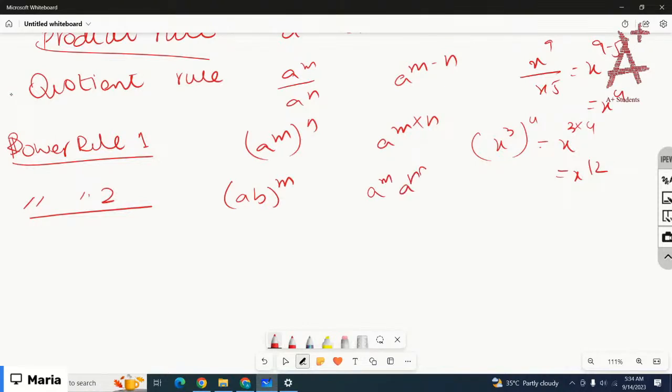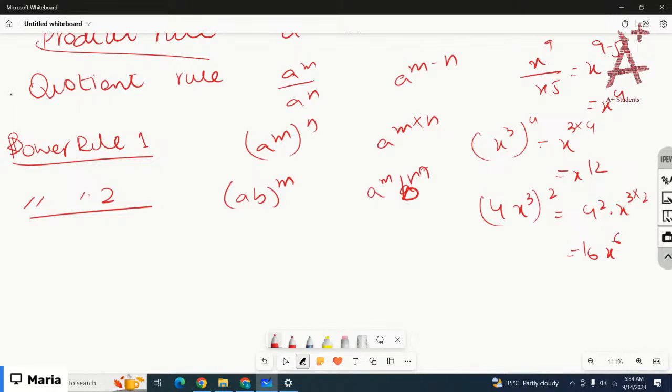Basically m is the exponent of both a and b, right? For example, you have (4x^3) exponent 2, so 2 is the exponent of 4 also, and like this also. So it would be 16 and x exponent 6.